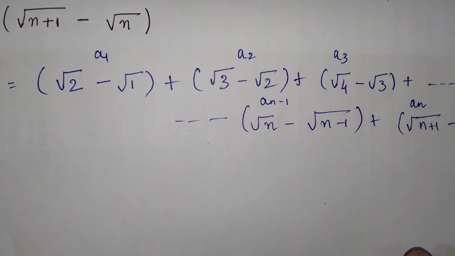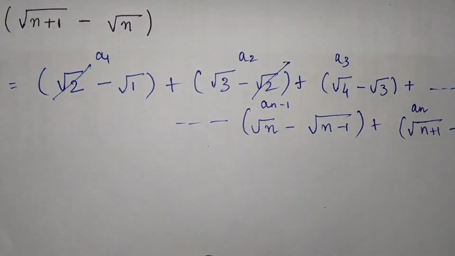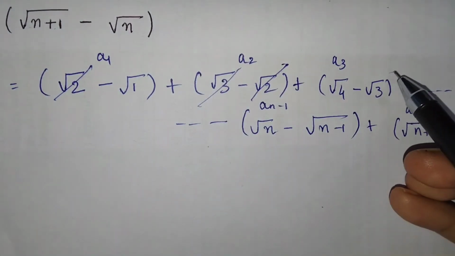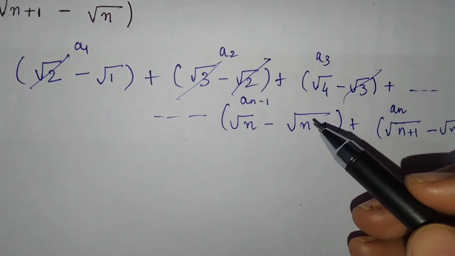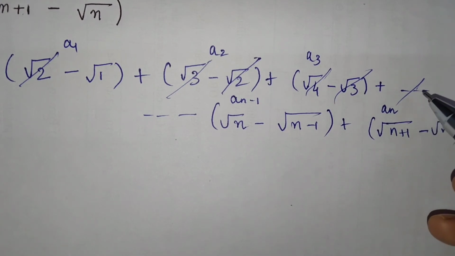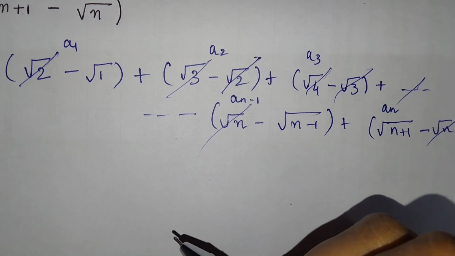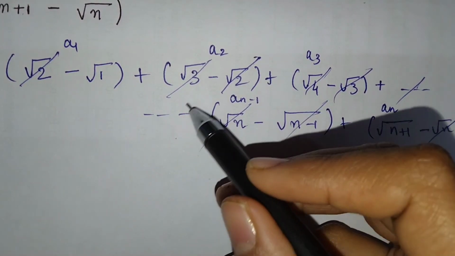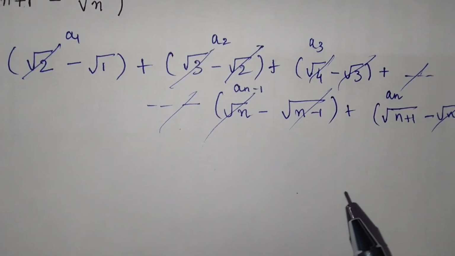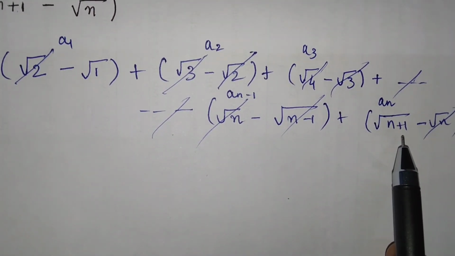But now you can see that this minus root 2 and this root 2 will get cancelled. This root 3 and this root 3 will get cancelled. Again this root 4 and somewhere minus root 4 will be there, that will get cancelled. This root n and this root n will get cancelled. This root n minus 1 will get cancelled here. So only this under root 1 and this under root n plus 1 will remain.